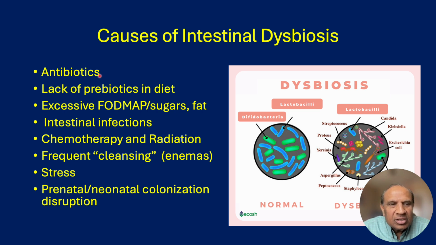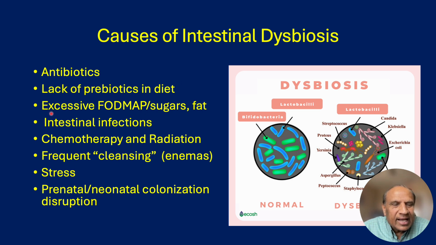It may kill the good bacteria, so the bad bacteria may overgrow. The second is lack of what we call prebiotics in the diet. Prebiotics are the nutrients that bacteria need to grow. And the most important prebiotic is the fiber.